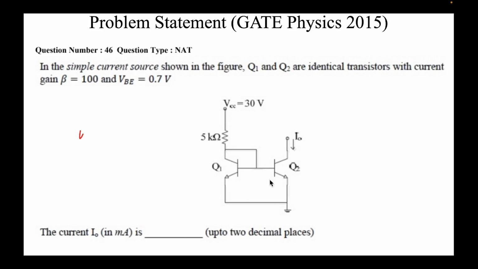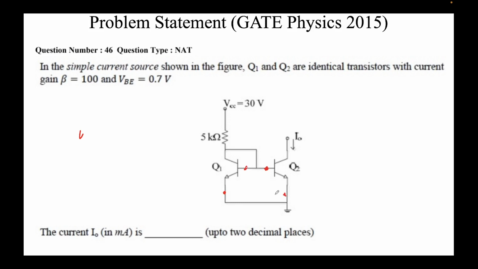The current through a BJT depends only on the value of VBE and some other values, but we'll assume that Q1 and Q2 are identical transistors. Then it only depends on VBE. You see that their bases are at the same potential, this node and this node, and similarly these two nodes are both at the same potential, which is ground.